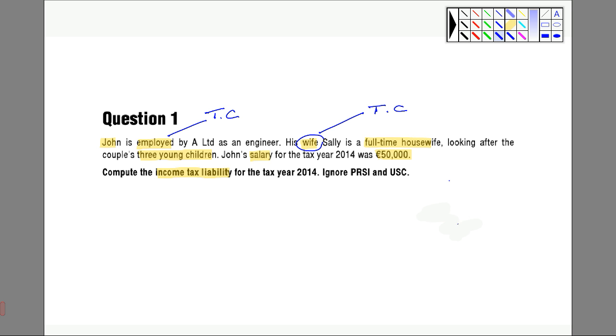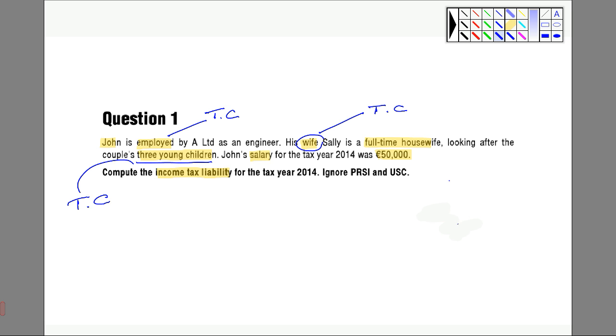In terms of the information in relation to John's wife's salary, we see that she's full-time as a housewife, therefore she is not working, but she is looking after the couple's 3 young children. That should give us a prompt that there may well be another tax credit available to her. So we've just got to think as to what that is.